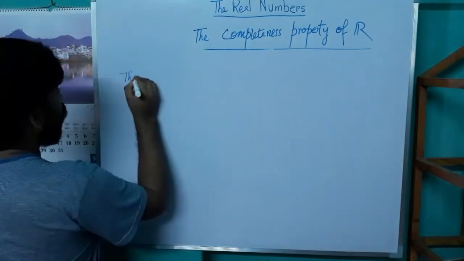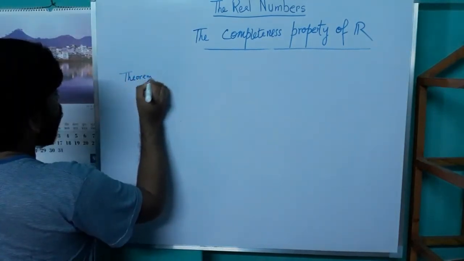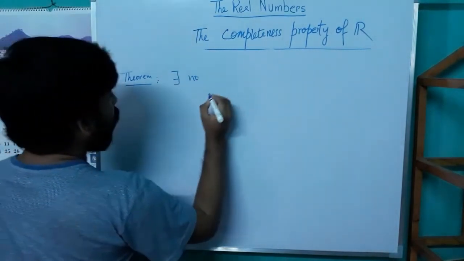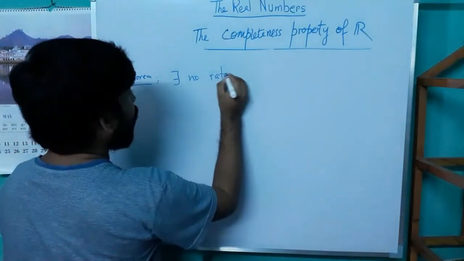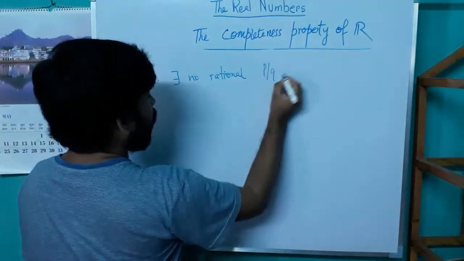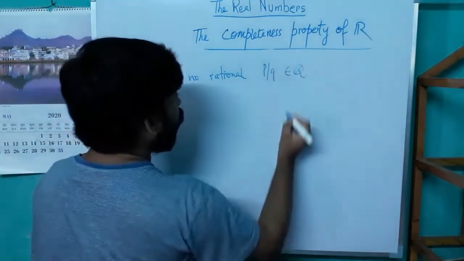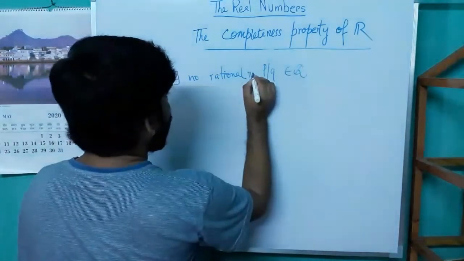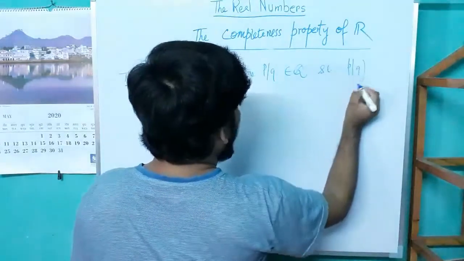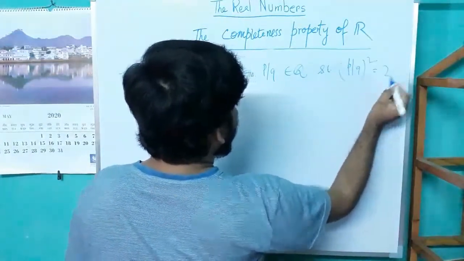So now we prove that there exists no rational number P by Q such that its square is 2.